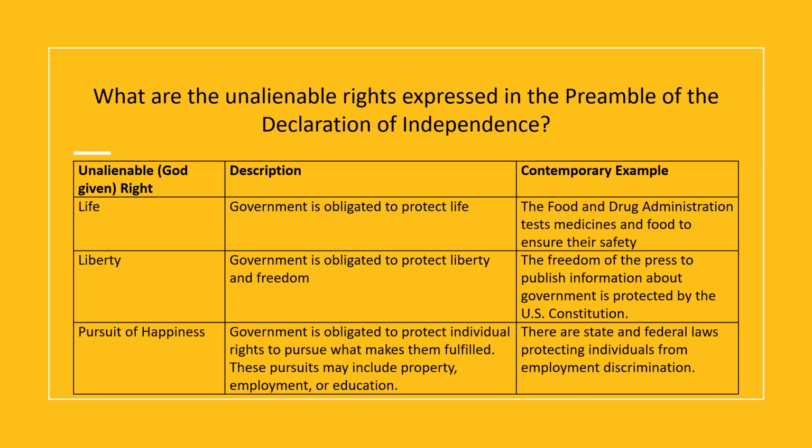A contemporary example of the government protecting life is when the Food and Drug Administration tests medicines and food to make sure that they are safe. So imagine, if you will, you went to the grocery store and bought some cough medicine because you're not feeling too well, and the cough medicine included gasoline in it.